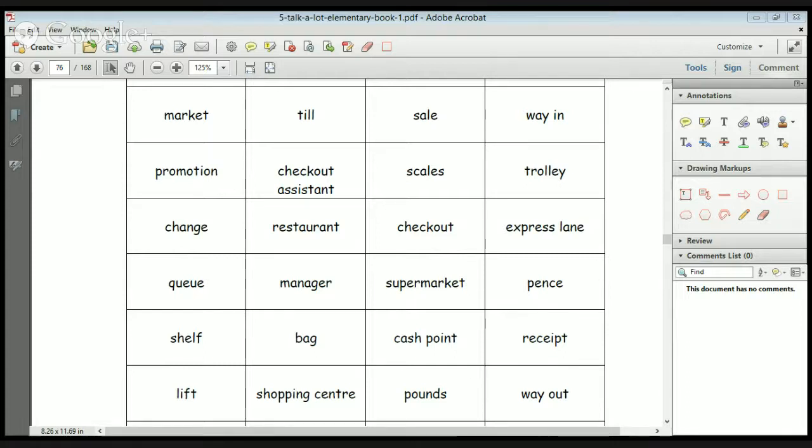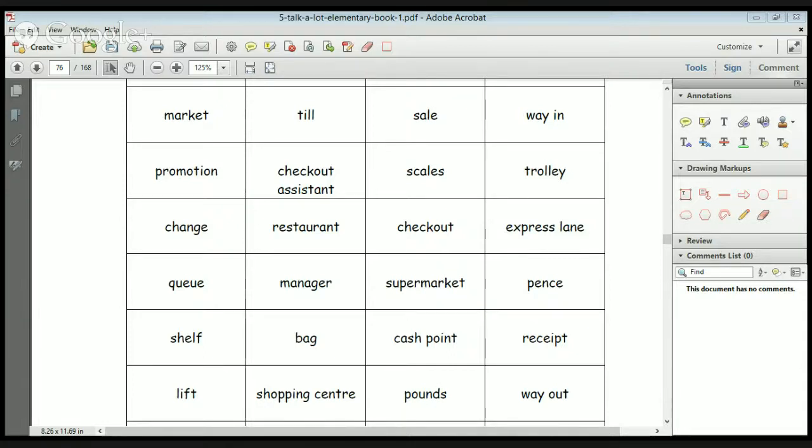Check out assistant. Scales, trolley. Change, change.